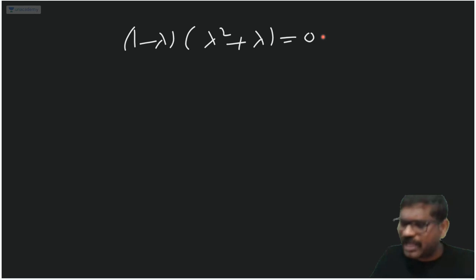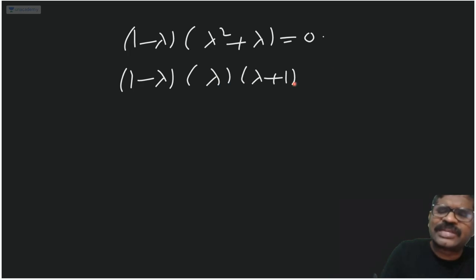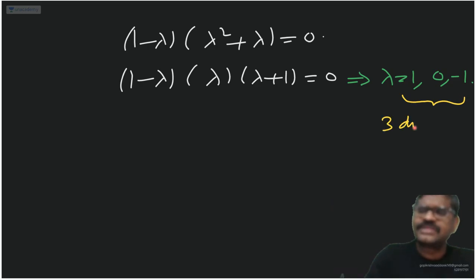That implies 1 minus lambda into lambda into lambda plus 1 equal to 0. Eigenvalues are nothing but lambda equal to 1, 0, minus 1. Three distinct eigenvalues.